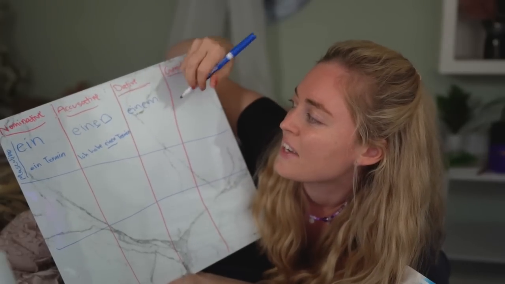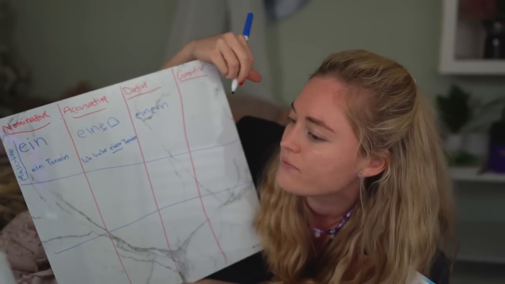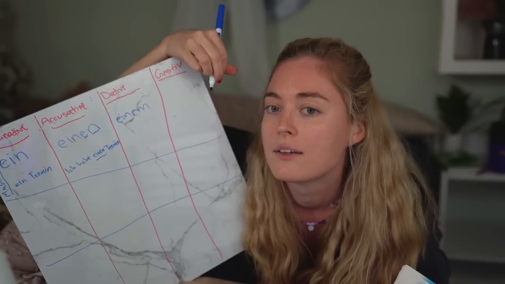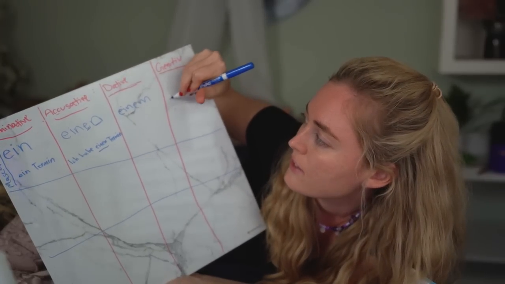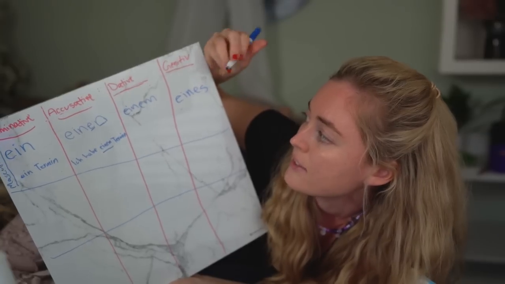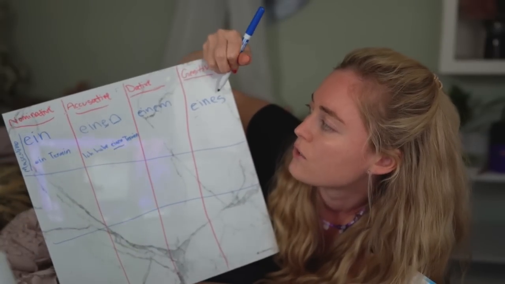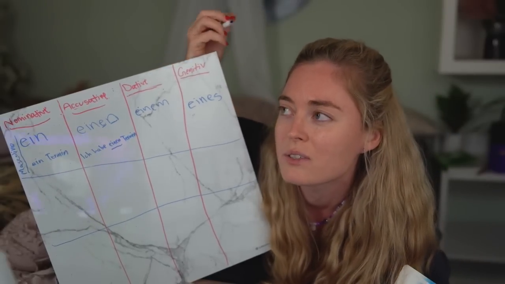So like einem. Okay, genitive is, well, I'll just write what genitive is: E-I-N-E-S. That's like when something belongs to someone, is how I think of it.